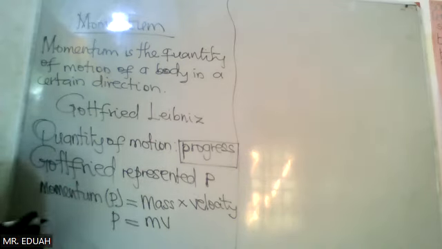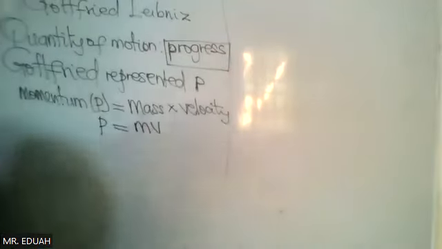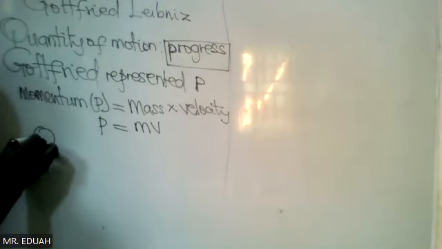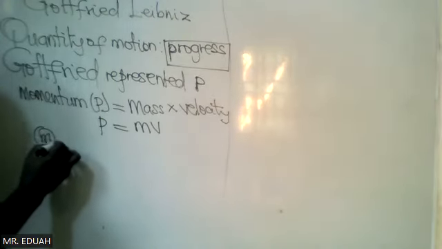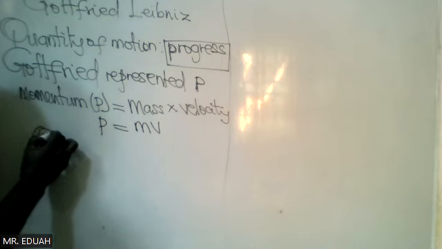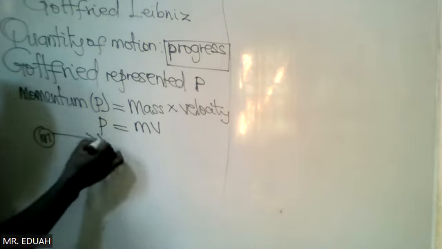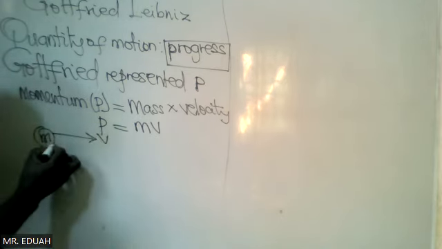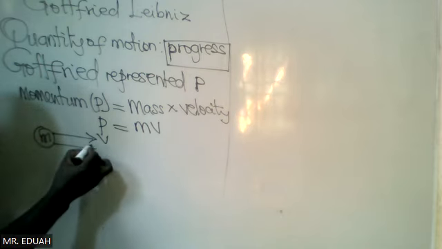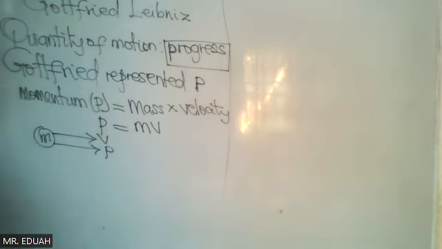So if we have a given mass m with a velocity v in this direction, then the momentum of the body p takes the direction of the velocity.